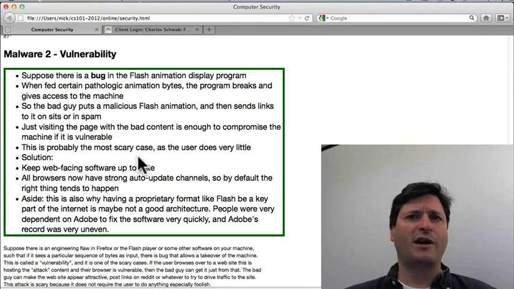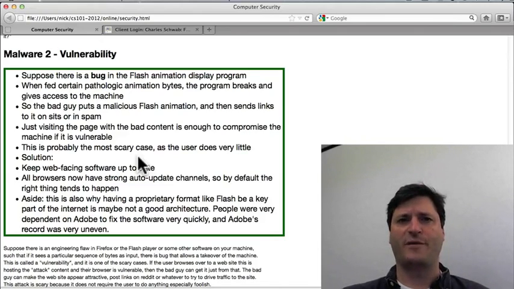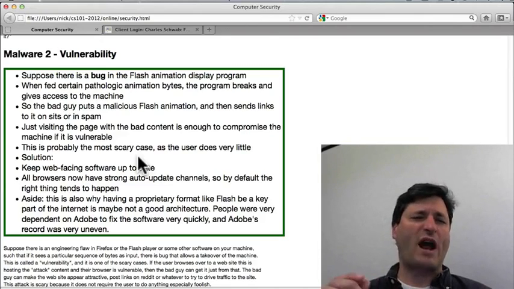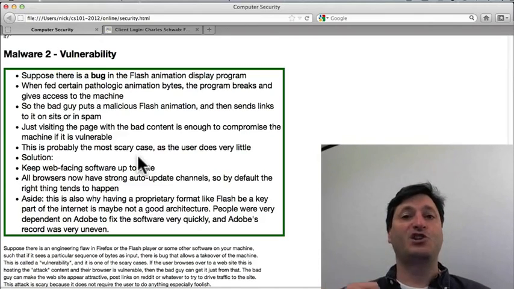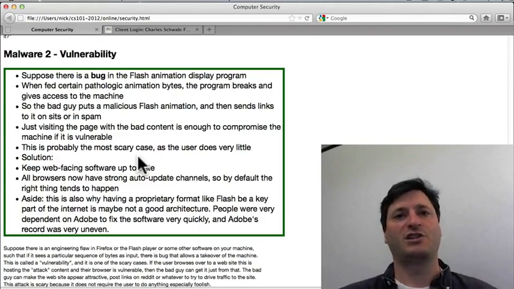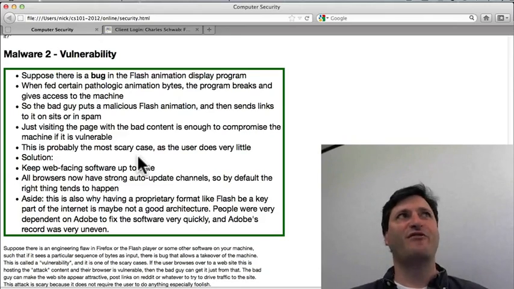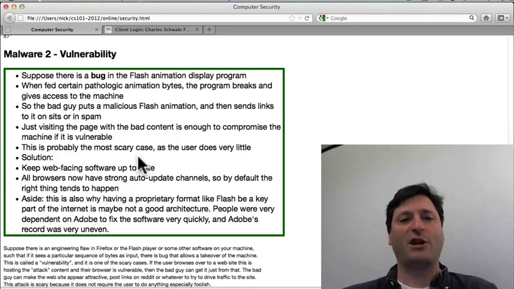There might be a bug such that if the bad guy crafts a very specific sort of animation, it will crash or corrupt the display program in such a way that it opens up the computer so the bad guy can get in. It's a tragically bad class of bug in the Flash animation program.